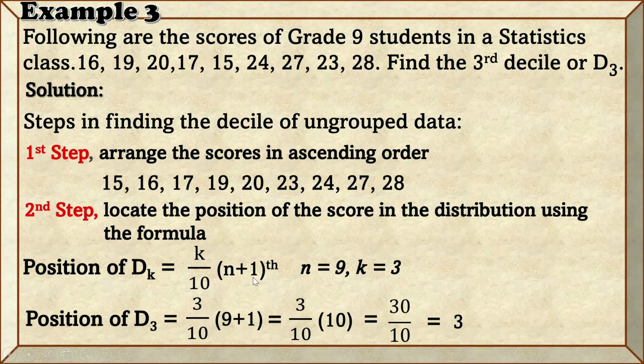Then, we are going to substitute the value of n and k to the formula. The position of the third decile is 3 over 10 times the quantity of n plus 1. So, 3 over 10 times 10 is equal to 30 over 10, which is 3.